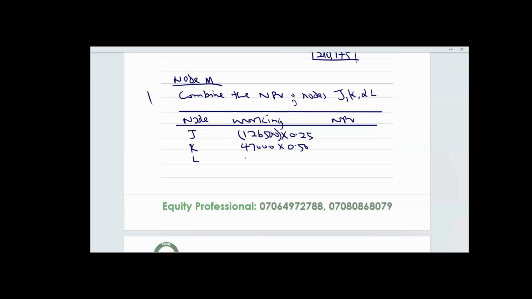Node L, 210,175 multiplied by 0.25. So we have 31,625 negative, 23,500, and 52,544.